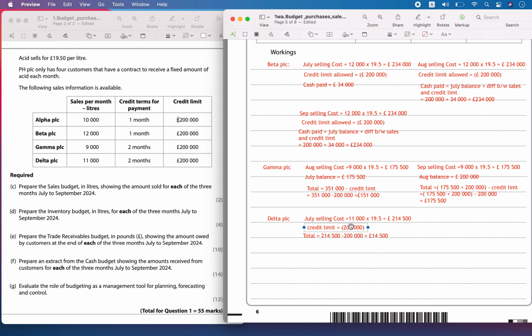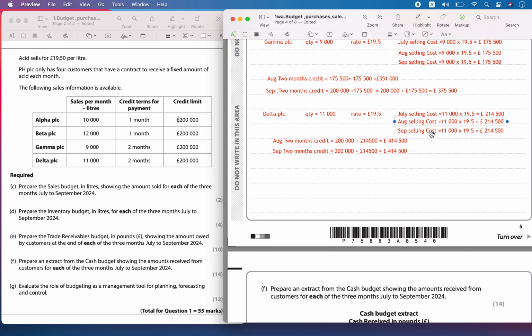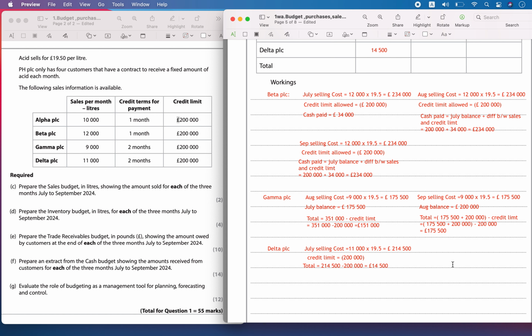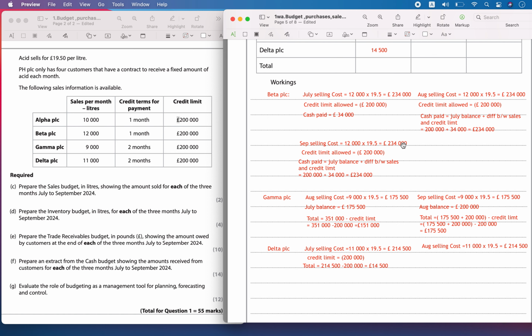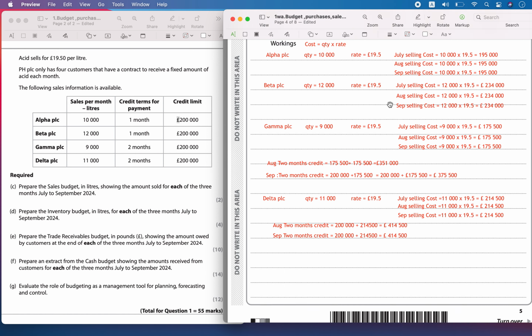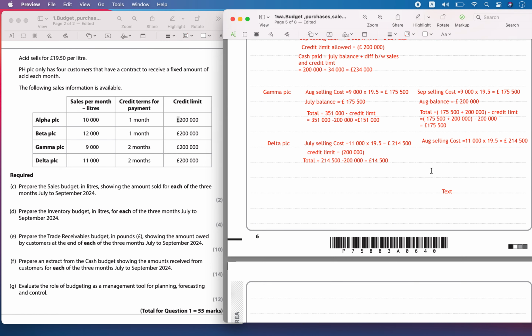So now let's calculate for the month of August. For the month of August, Delta PLC had to pay 214,500. Now we can see that the July balance was equal to 200,000.